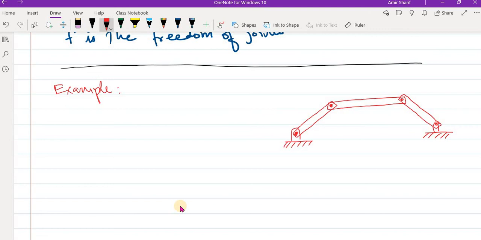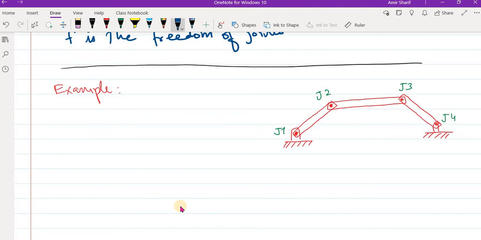It has 1, 2, 3, 4 joints. I will mention the joints: J1, and all are revolute joints, J2, J3, and J4. So this robot has 4 joints. And how many links does it have?